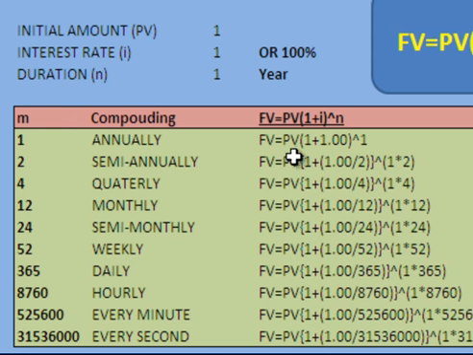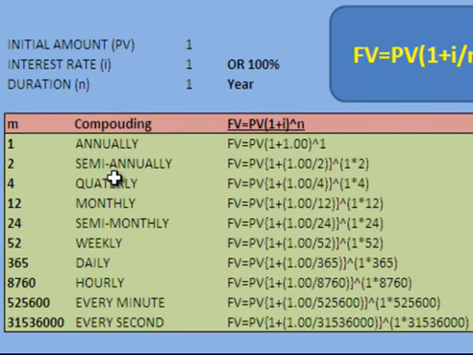The formula is future value equals present value multiplied by (1 plus interest rate divided by m) raised to the power duration multiplied by m. So in case of semi-annual compounding the interest rate is divided by 2 and the duration is multiplied by 2. In case of quarterly the interest rate is divided by 4 and duration is multiplied by 4. Similarly in case of monthly the interest rate is divided by 12 and duration is multiplied by 12, and so on in all these cases.